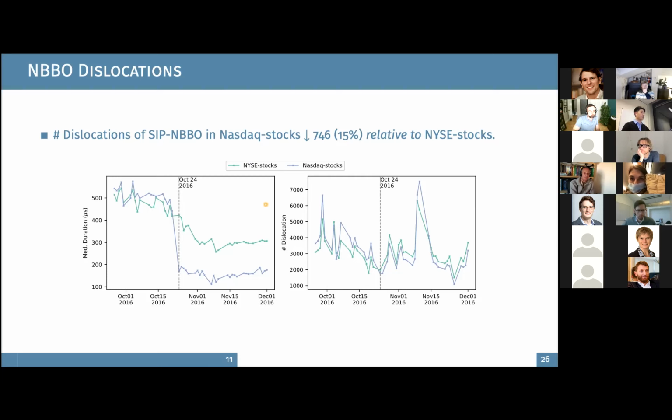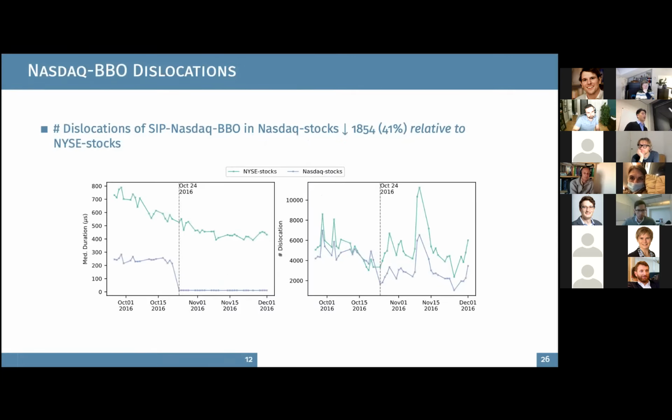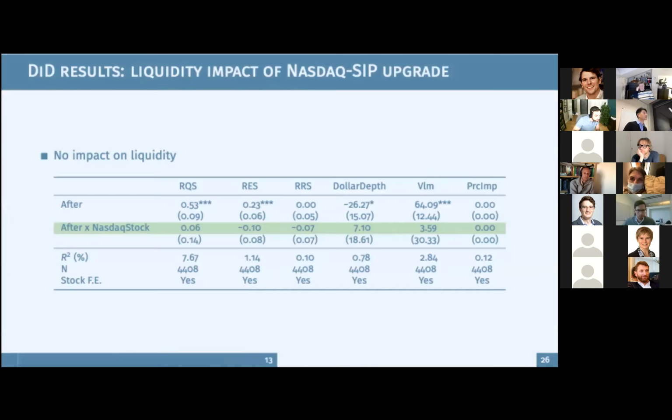So as you can see, both the duration of the dislocations and the number of dislocations drop significantly after the upgrade. And it's even more so for Nasdaq stocks on the Nasdaq exchange. So it's just a kind of pre-evidence showing that the speed upgrade really impacts.